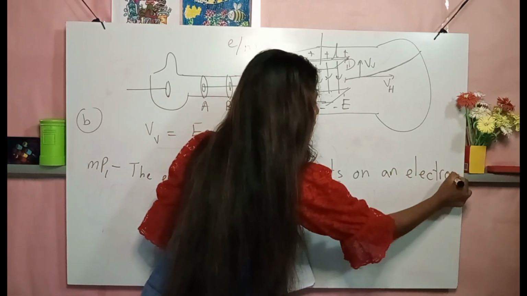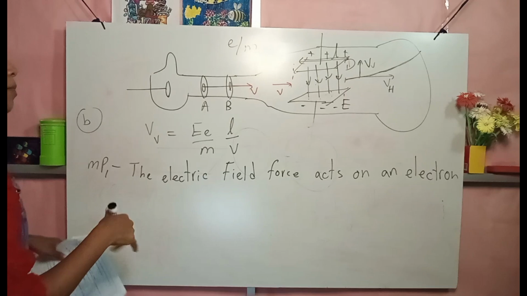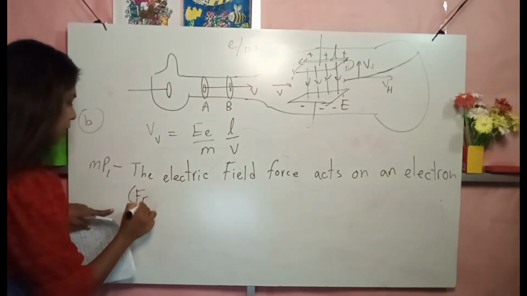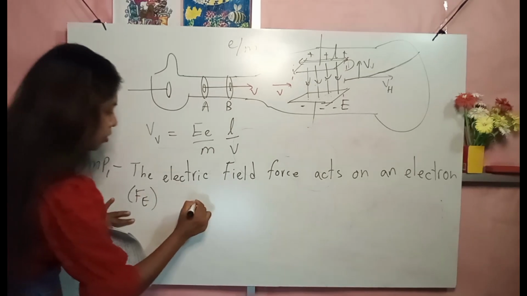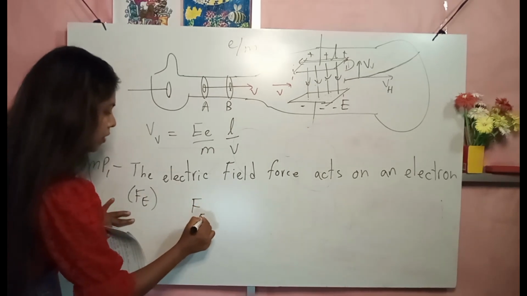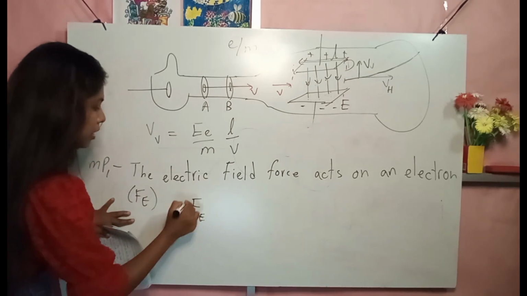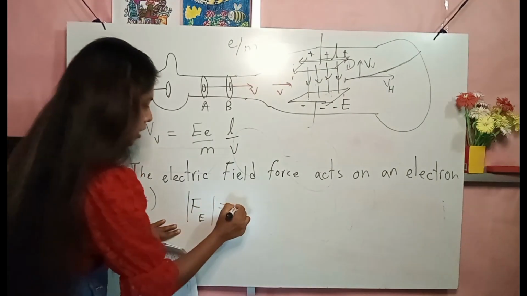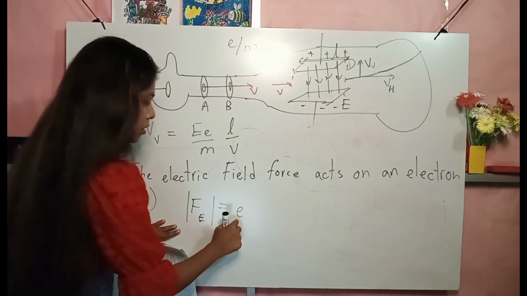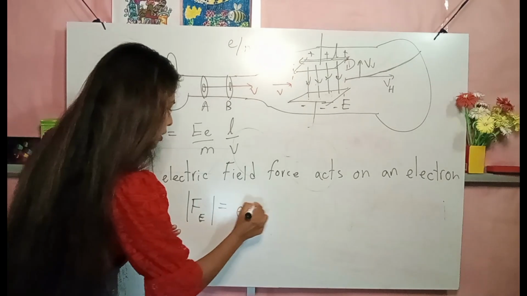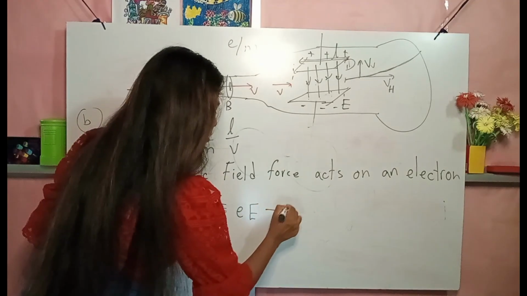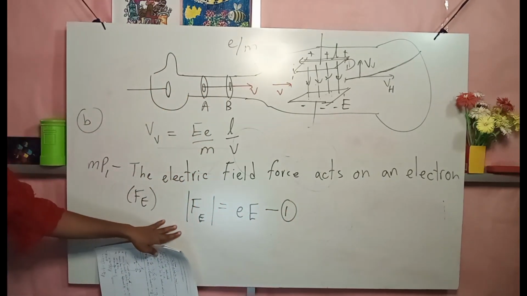Let's consider one electron which is moving in this path, and the force can be taken as Fe. So from the equation we can take the magnitude of the electric force equals the charge of the electron times the electric field strength, Fe equals eE. That is the first equation.